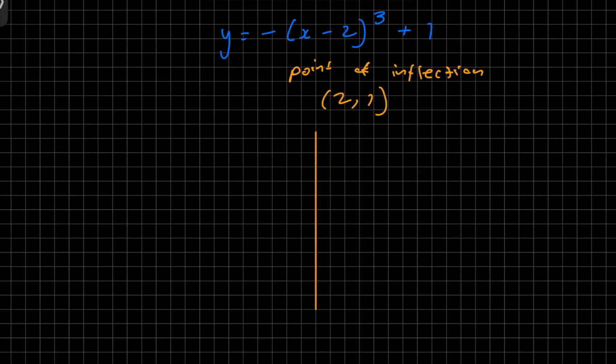So let's have a look over here. There we go. So here's your point of inflection at 2, 1. But because we have a negative out the front over here, this would make our graph slope downwards rather than upwards, even though it has the same point of inflection as the last graph.